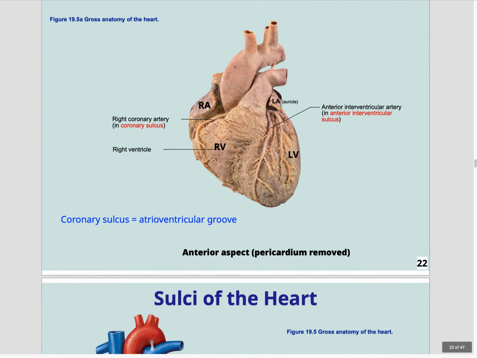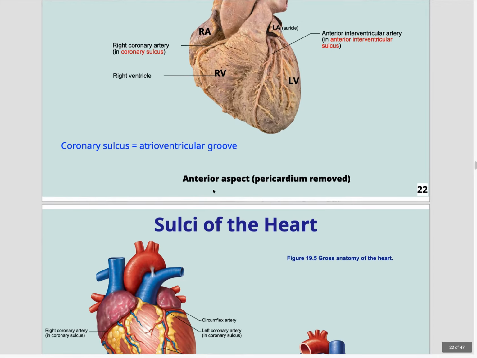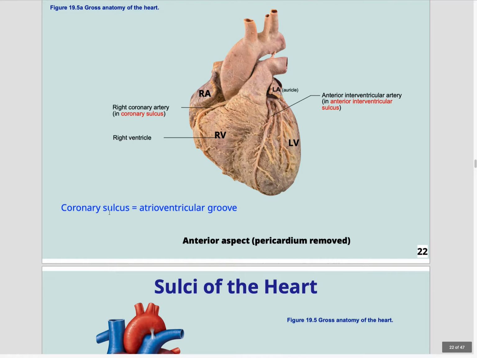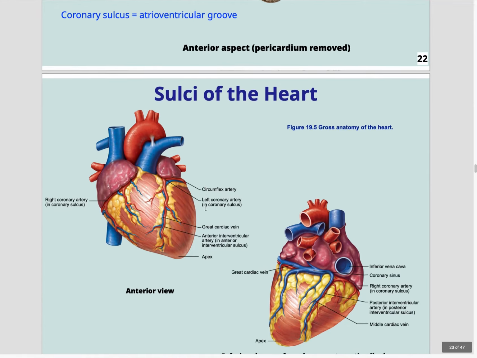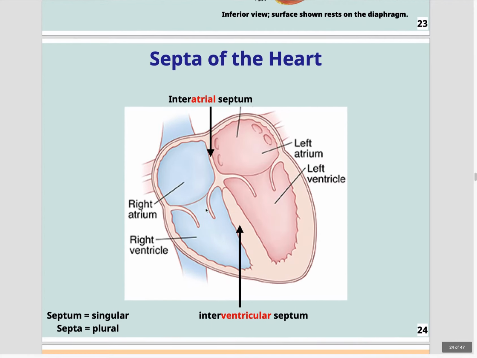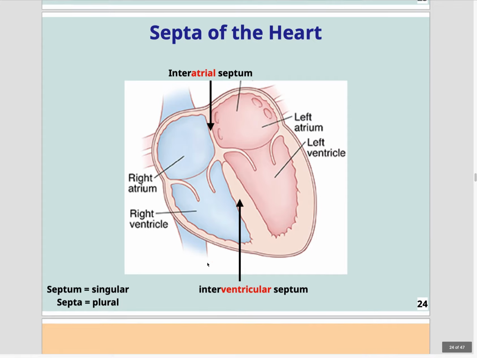And we'll learn about those arteries and veins later. But here, make note that the coronary sulcus is synonymous with atrioventricular groove. And this image also illustrates the interatrial septum between the two atria and the interventricular septum between the two ventricles.